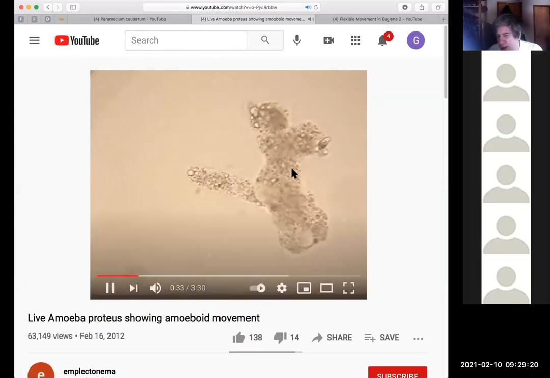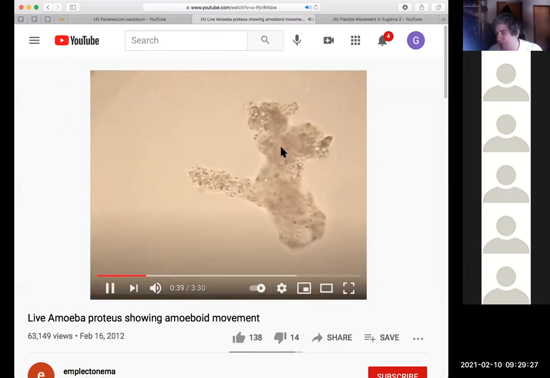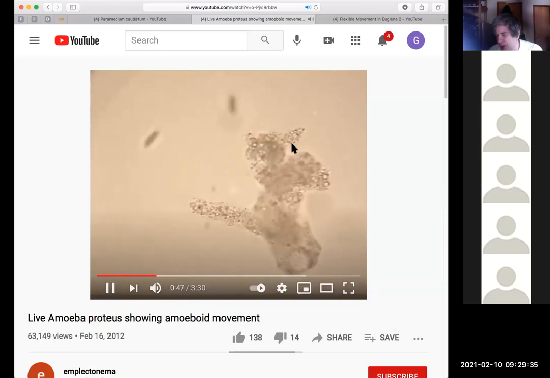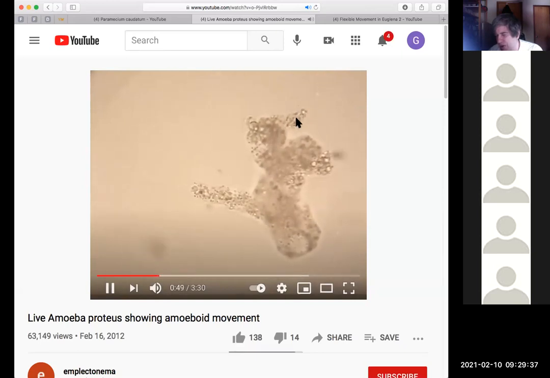But I'll try to point out, you might be able to see some movement in here going upward. And you can see a little part of the body coming out over here towards the right. You can see this lengthening.